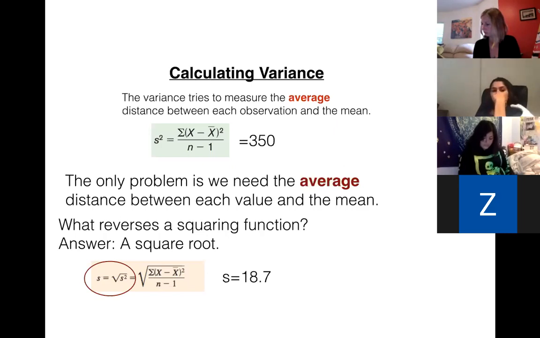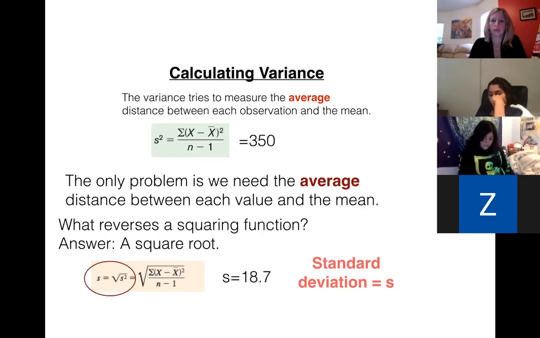Everybody's going to round in different places when doing their calculations. So if you're studying with somebody, you're not always going to match the same answer, but you might be off by a decimal point or two. Okay, so the 18.7, that's what our standard deviation S is going to be. Make sure you record that symbol: standard deviation equals S.